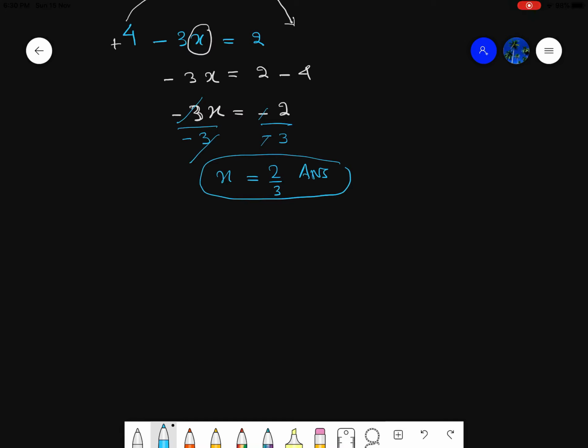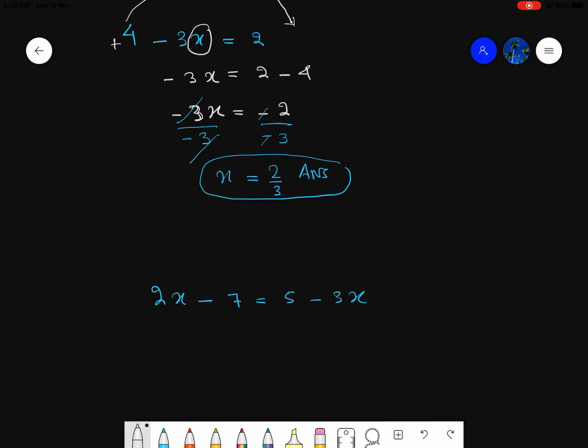Similarly, there can be types of equation where the variable x is on both sides of the equation, like 2x minus 7 is equal to 5 minus 3x. In these types of equation, we have to collect all the terms containing x onto one side of the equation. And the terms without x, we will move to the other side of the equation.